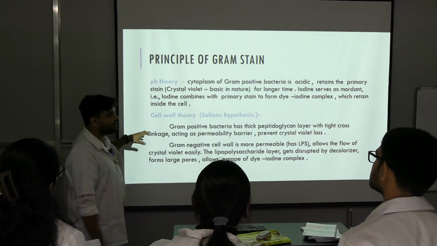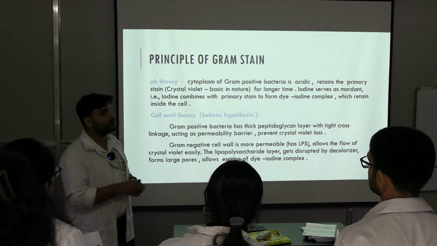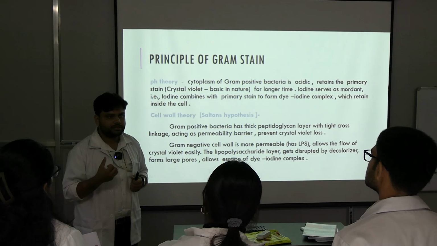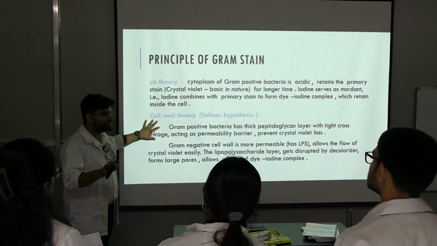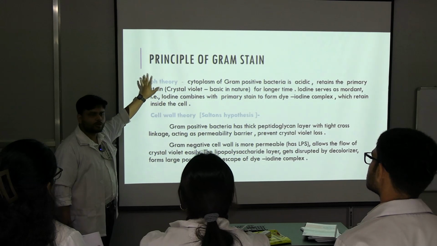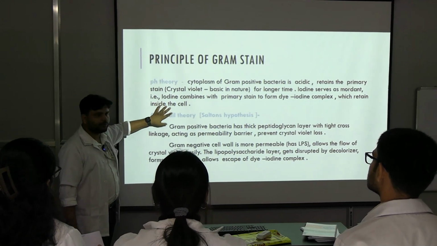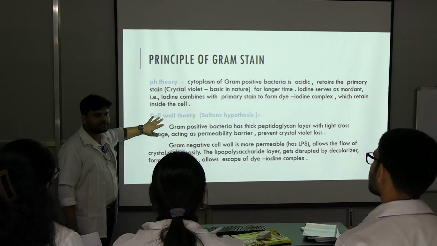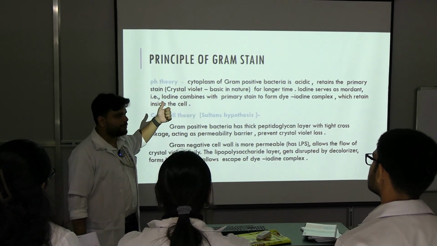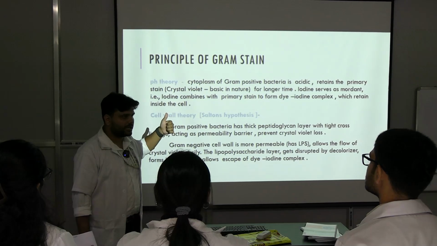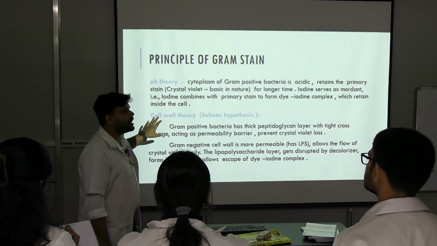But gram negative have a thin peptidoglycan layer, so they can't hold on to the color that easily. That is the principle you need to know. You just need to know the name of the other theory, the pH theory, and the theory that we currently follow, the cell wall theory. You get it now? Gram positive has a thick peptidoglycan layer, so it holds on to the color more easily than the gram negative ones.